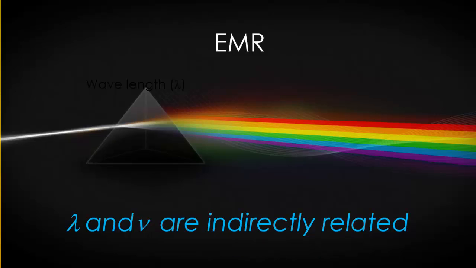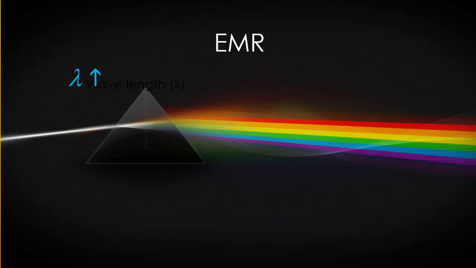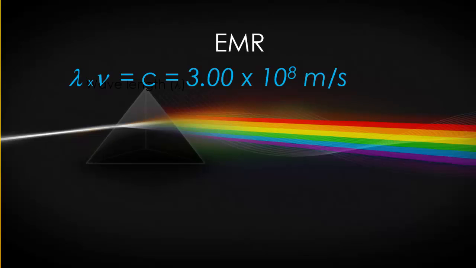This means that lambda and nu, wavelength and frequency, are inversely related. If I increase my wavelength, I have to decrease the frequency. If I decrease the wavelength, then the frequency has to increase. Why? Because lambda times nu equals c, which equals 3.00 times 10 to the 8th meters per second.